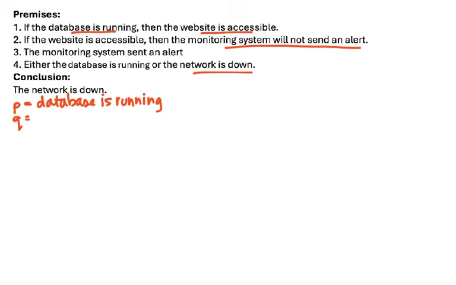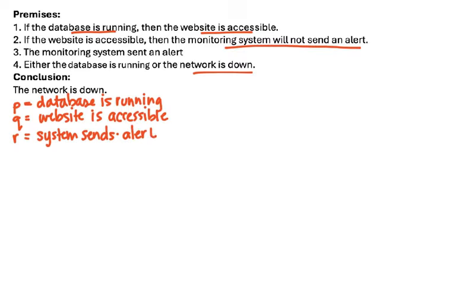Q will be website is accessible. R will be, now this says the system will not send an alert. I'm just going to say the system does send an alert. System sends alert. It's always better to take the nots out, and we will just call that not R when we're translating. System sends alert, and S we have network is down.